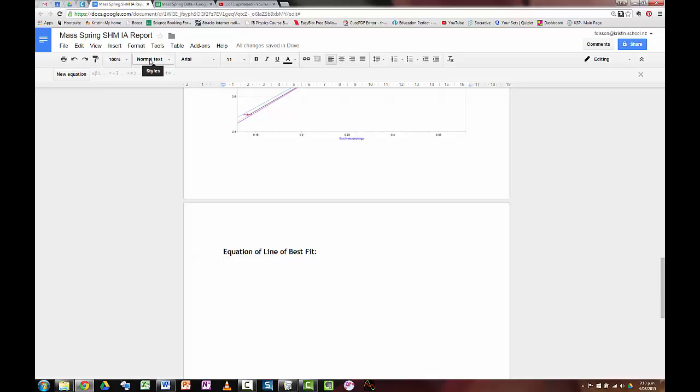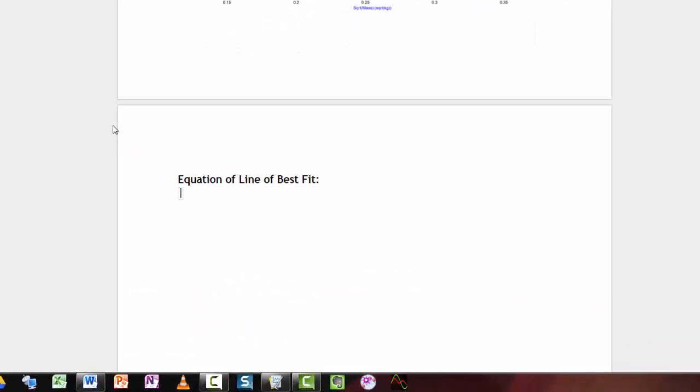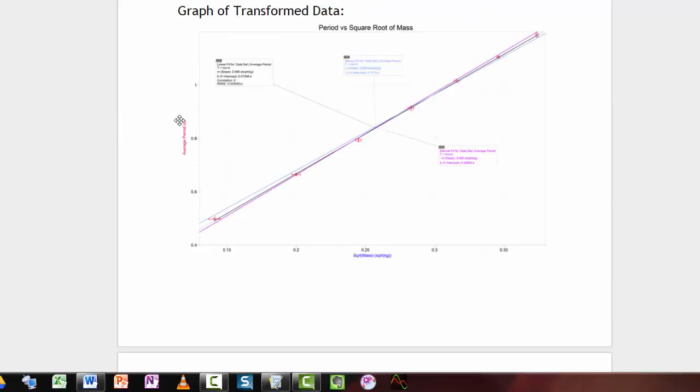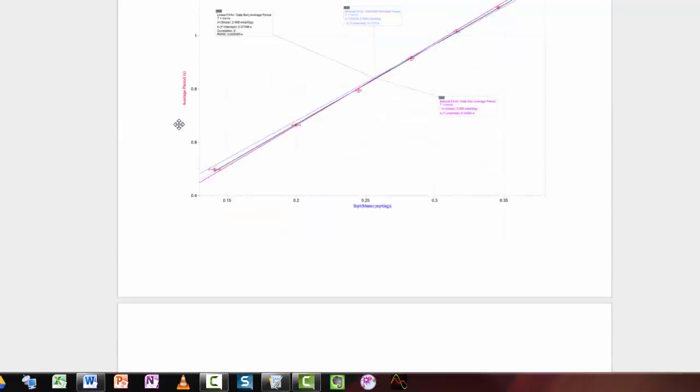So I'll go insert new equation. So we want, on our y-axis, we had t is equal to, and the gradient was 2.966.